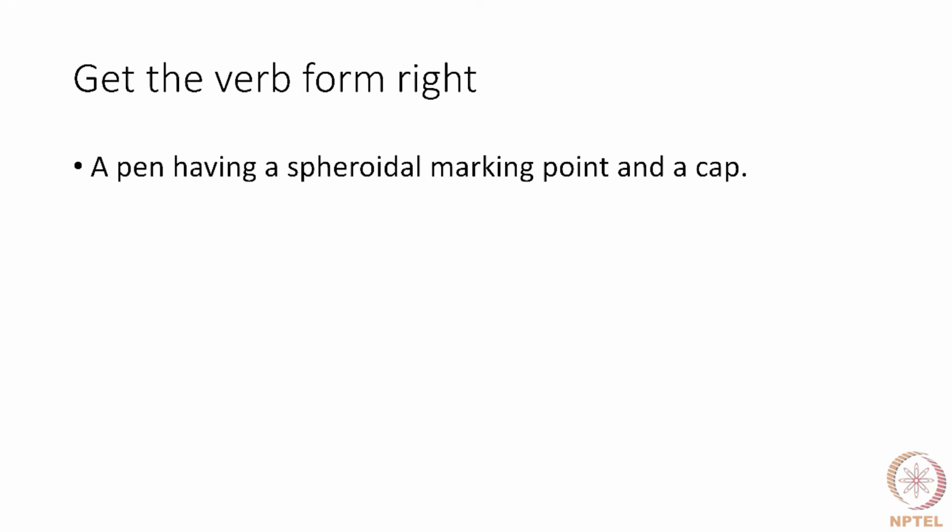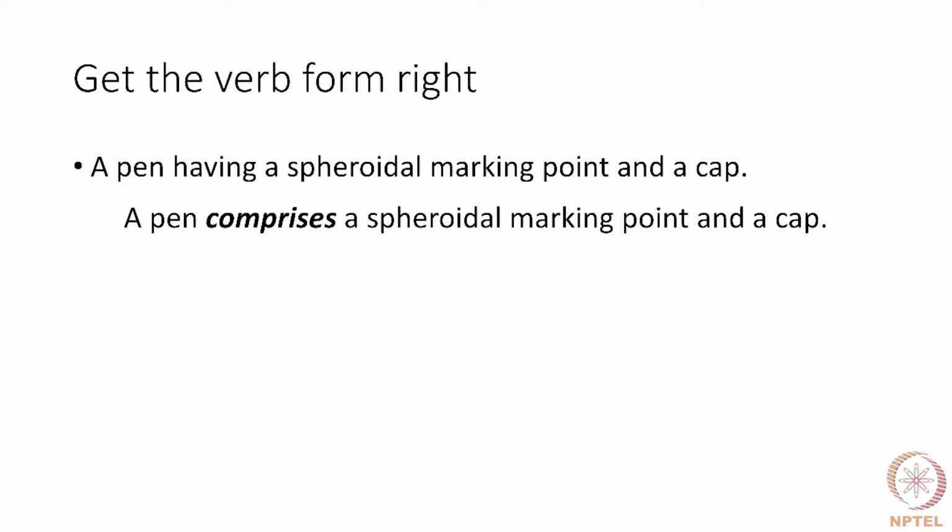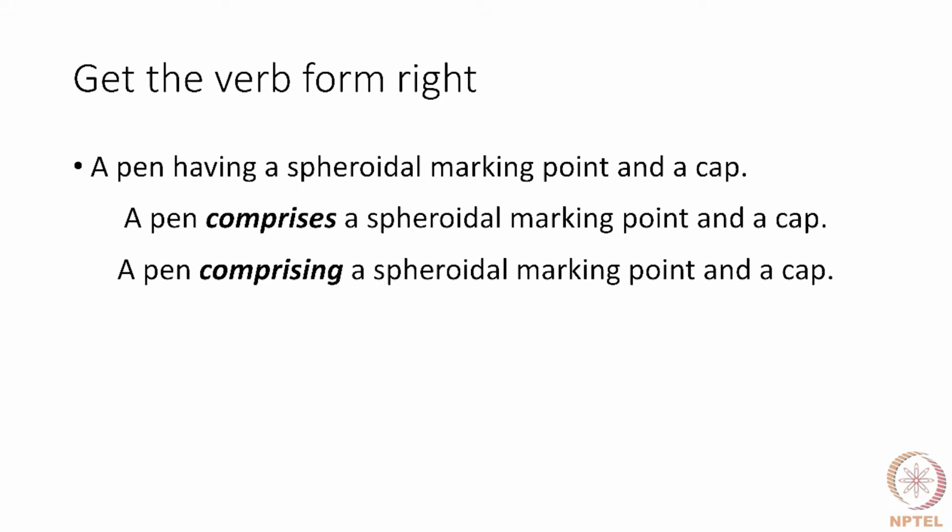Now, it's important to get the verb form right in the claim. Let's take the example which we had already seen: a pen having a spheroidal marking point and a cap. You could write this as "a pen comprises a spheroidal marking point and a cap", or you could have it in more direct language, like "a pen comprising a spheroidal marking point and a cap".